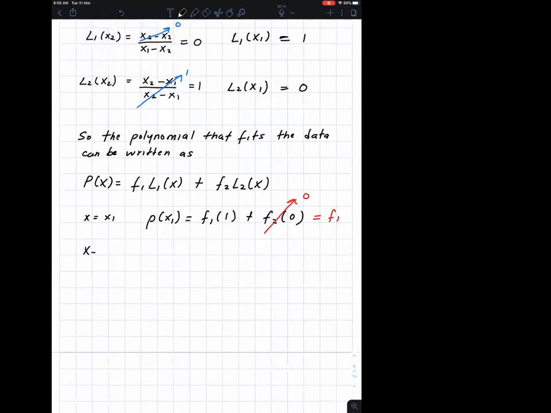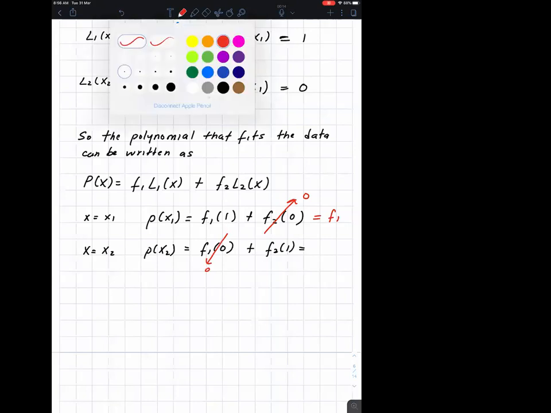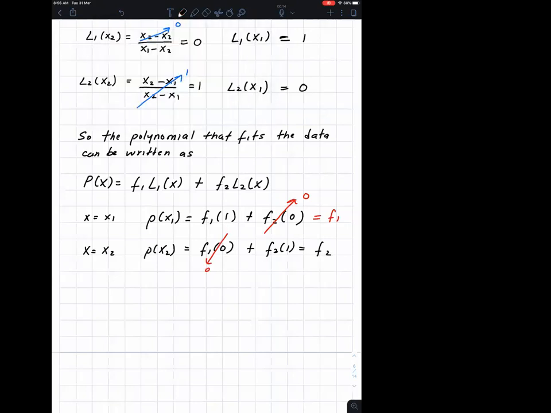When x equals x2, Px2 is equal to F1 multiplied by 0 plus F2 multiplied by 1. So this is going to be 0, and that's going to be F2. All right.